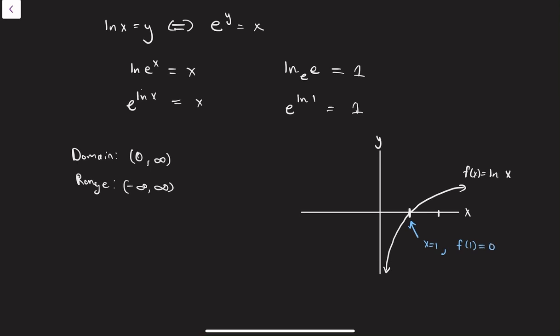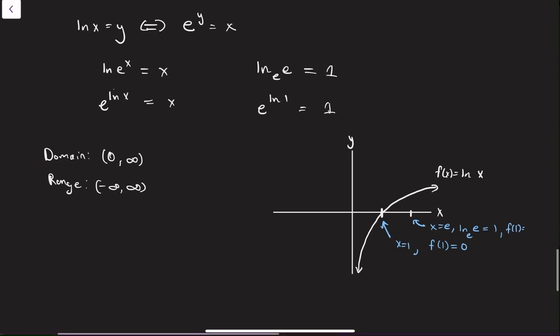So ln of 1 is equal to 0. And in this case, when we have x is equal to e, we have ln of, again, as you'd expect, ln e, which is equal to 1. So f of e is equal to 1.